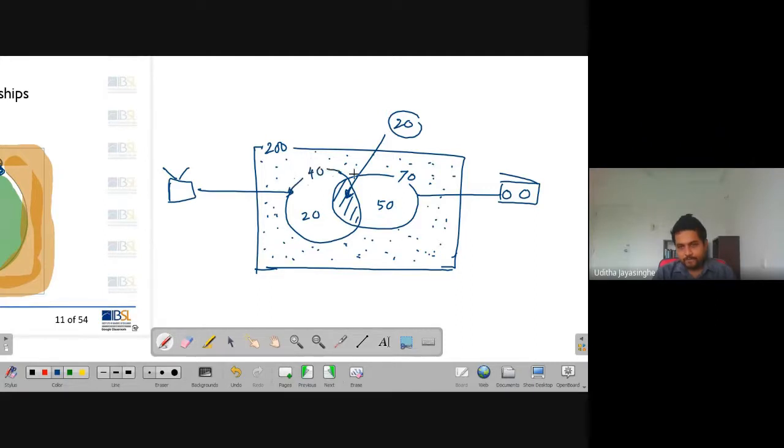I have 20 here, 20 here, that means 40, 50 here, 90. So this is going to be 110. Is my math correct? 110 plus 20 plus 20 is 150, and this is 50. So my epsilon, the number of total households that have done this test, is 200. That means there are 110 houses without a television and without a radio set.